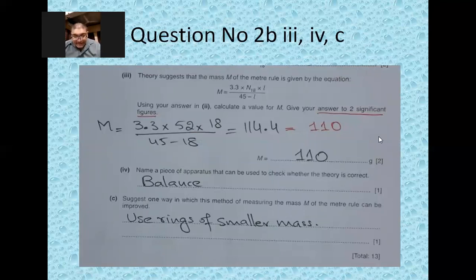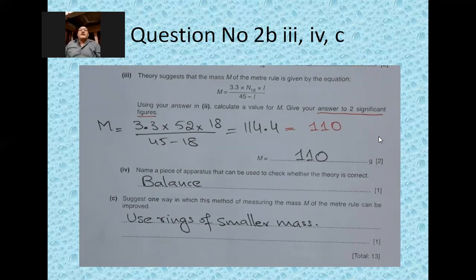Then the next part is the third part. He says the theory suggests that the mass m of the meter rule is given by the equation m equals 3.3 N18 multiplied by L divided by 45 minus L. So using your answers in the second part, calculate the value of m, giving your answer to two significant figures.